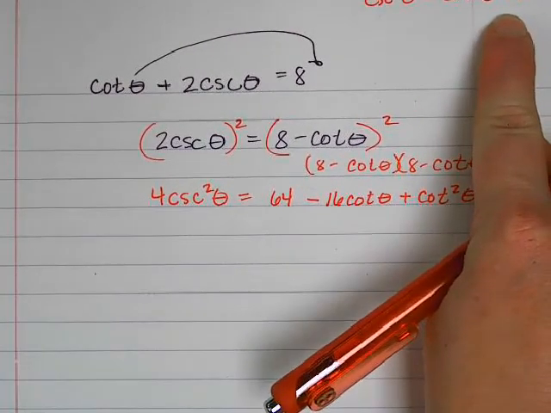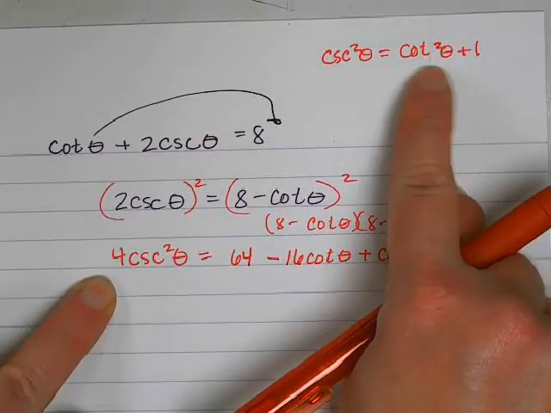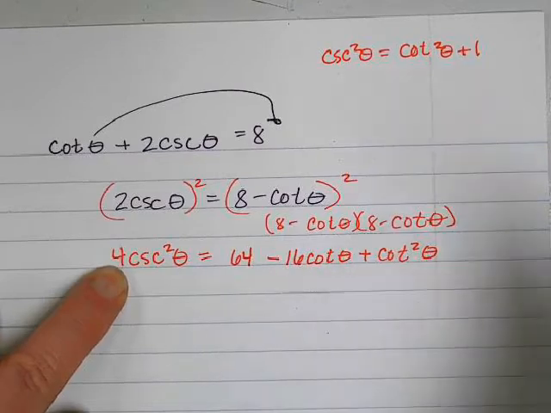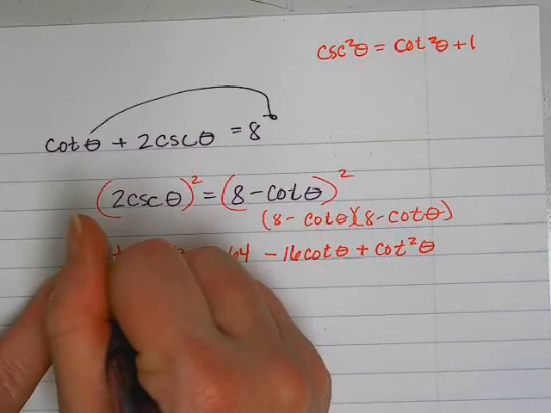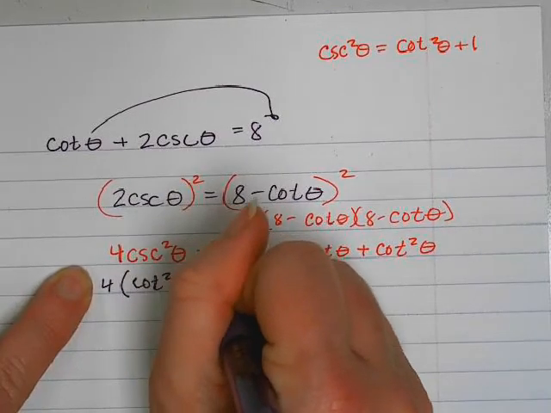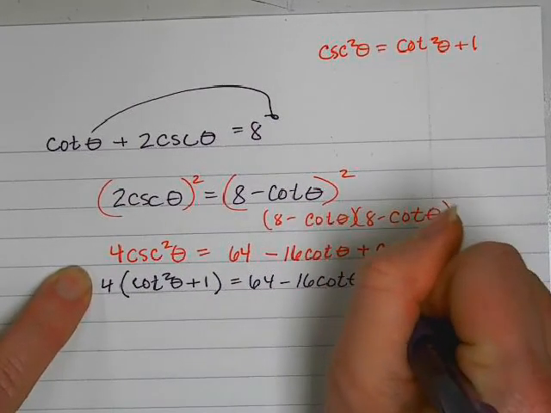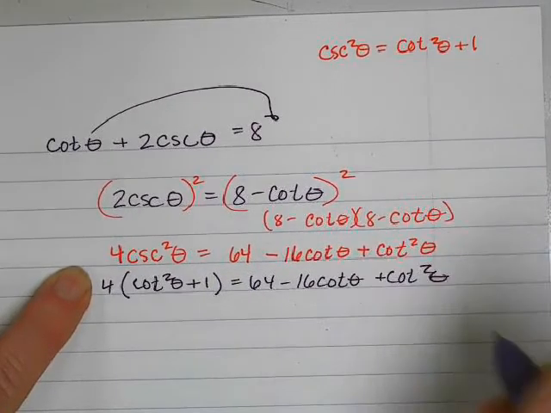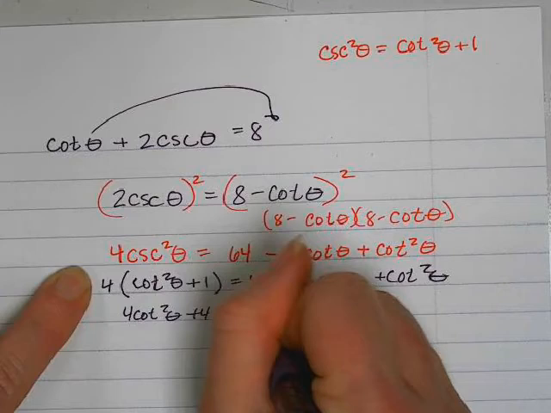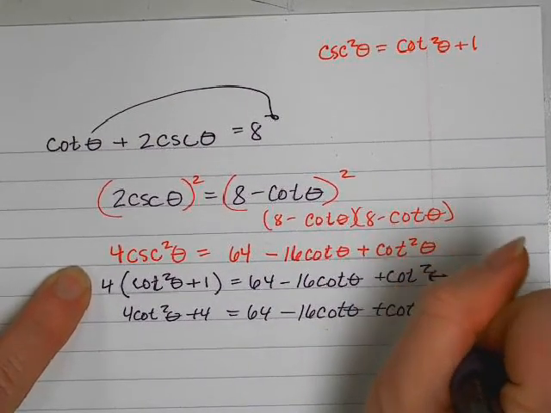I'm going to change my cosecant into cotangents, because these are all already cotangents. So it's going to be 4 cotangent squared theta plus 4, because you have to distribute the 4. So it's 4 cotangent squared theta plus 4 equals 64 minus 16 cotangent theta plus cotangent squared theta.